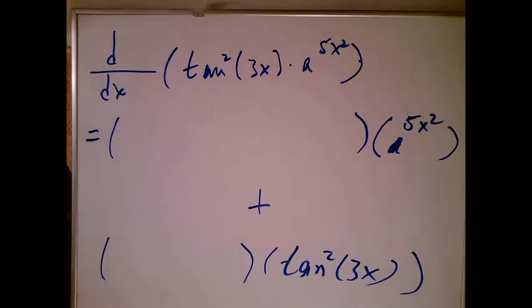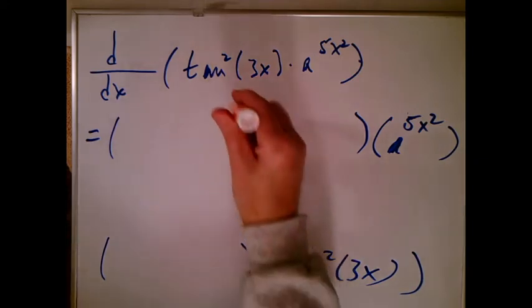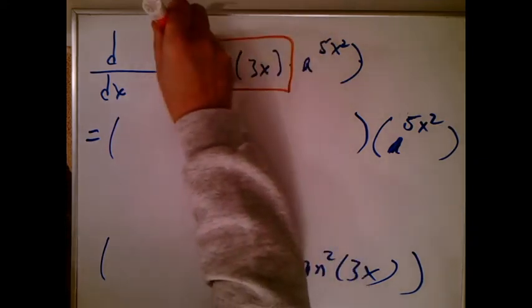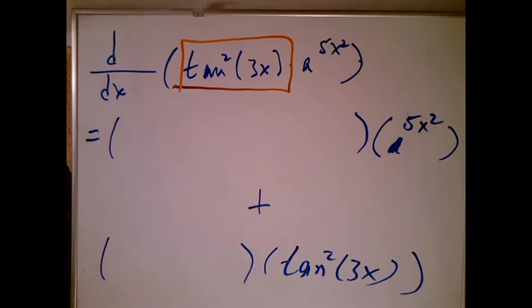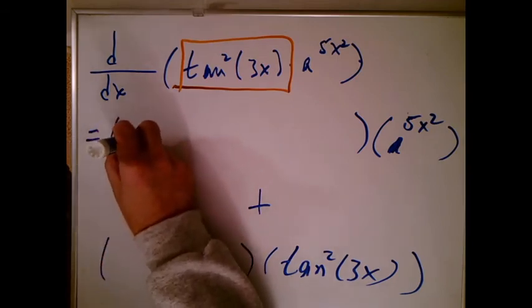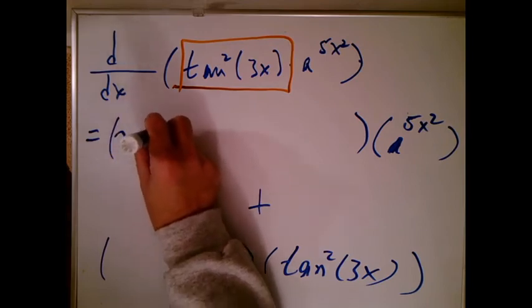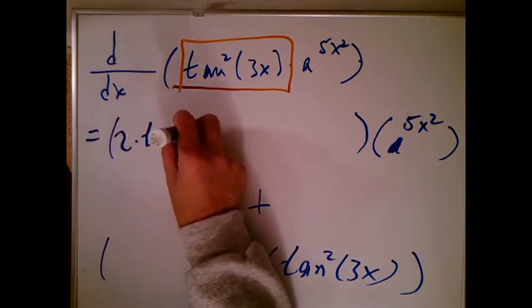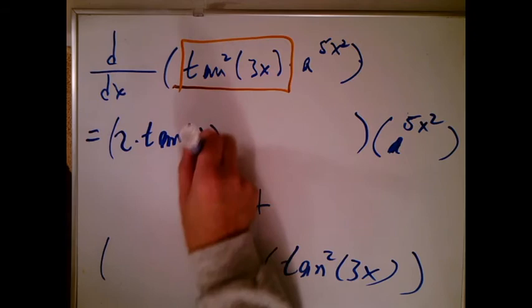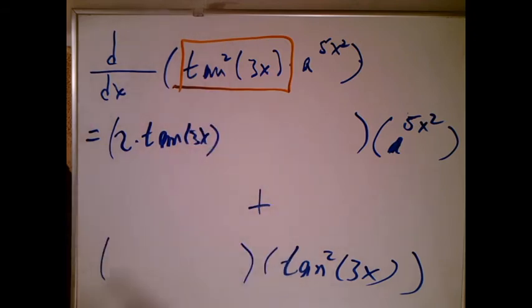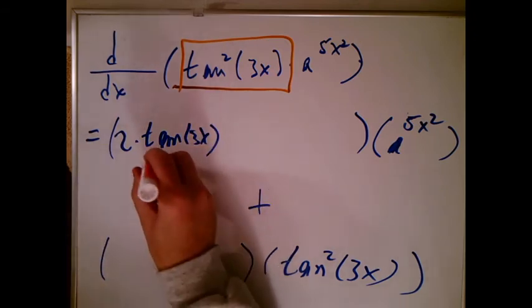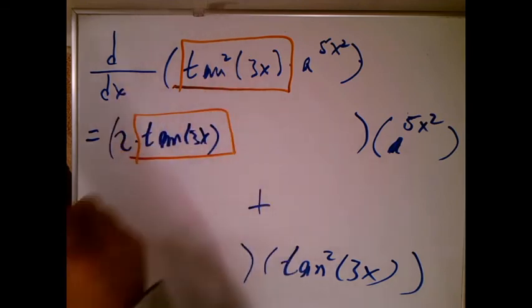So when we look at this, that's blob squared. The derivative of blob squared is just 2 blob. So I get 2 times the blob. Now I'm going to put a little orange box around my tangent 3x because that's my blob. That's what I'm supposed to multiply by the derivative of.